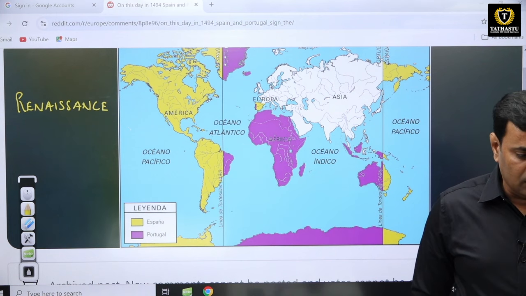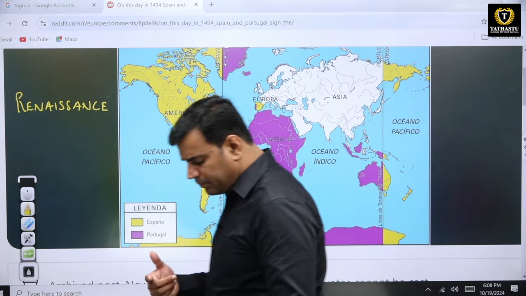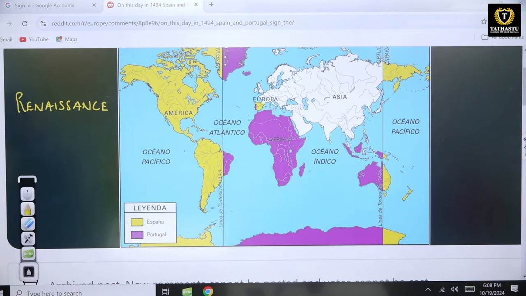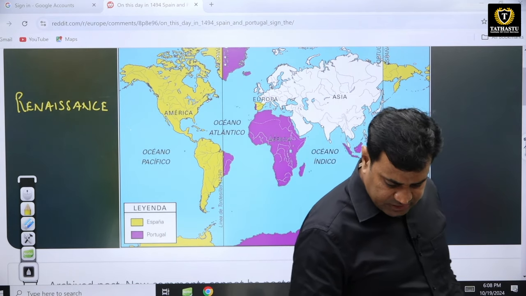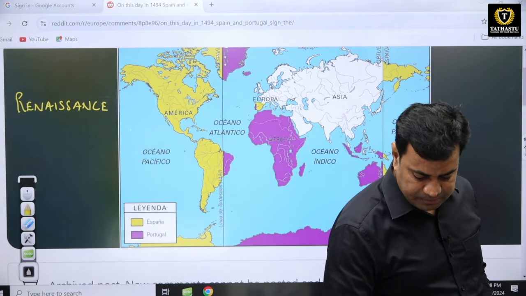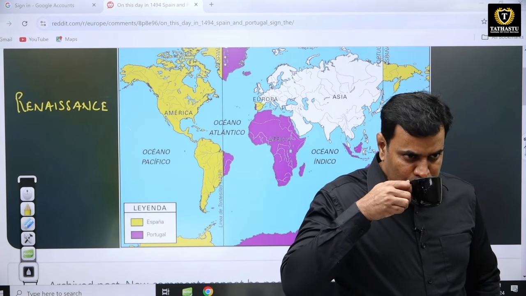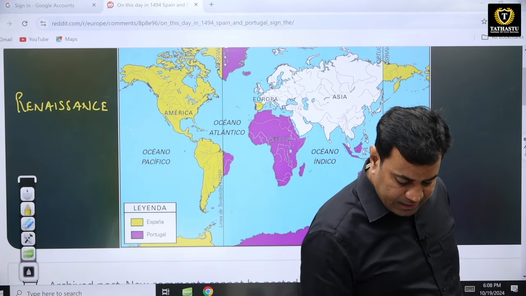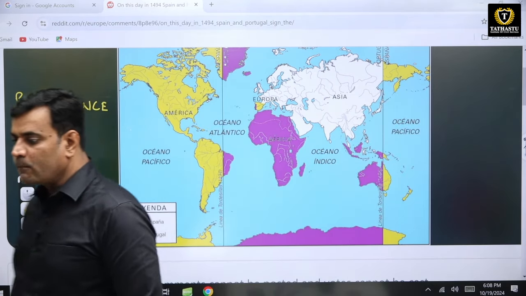The cultural movement known as the Renaissance promoted a spirit of scientific inquiry and geographical discoveries.